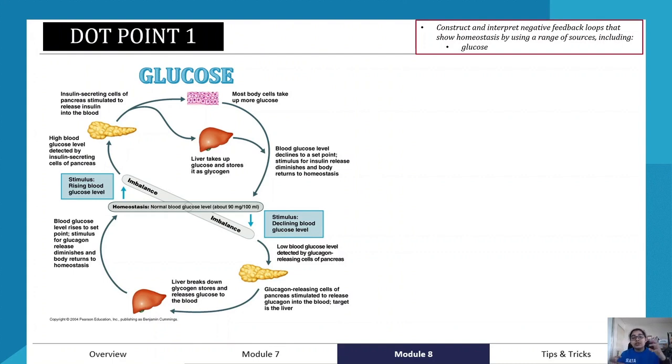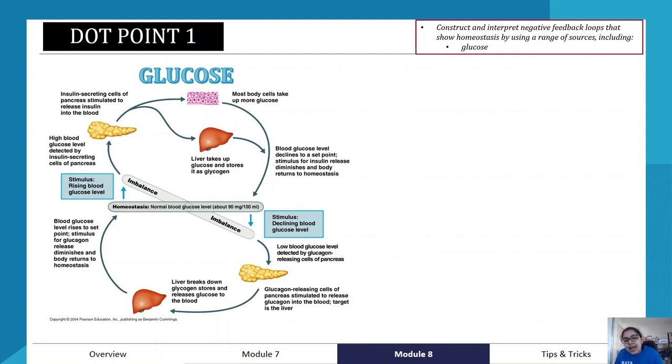It's taking up glucose and storing it, chaining it up as glycogen. As a result, the blood glucose level will decrease and decline to a set point, and then the stimulus for insulin release will diminish, because we don't want high levels of insulin in the body at all times, because the glucose levels should not drop below 4 millimolar.